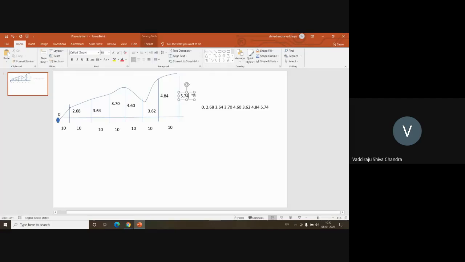This is 5.74. Okay. So this is the given information, and I want to determine the area enclosed within this boundary using Simpson's rule and trapezoidal rule. So first tell me how many offsets are there?